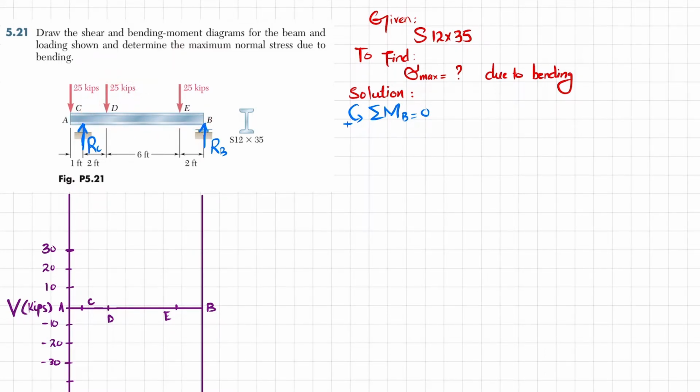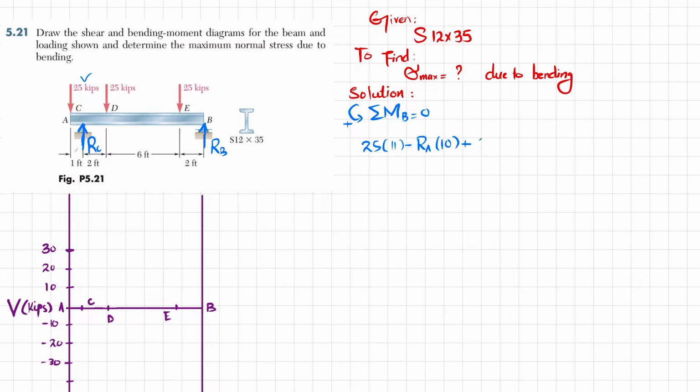So we will write them. The total length of the beam is 11, so first we will write 25 into 11 feet. This will produce counterclockwise moment, so it will be positive. The other one is RC, into perpendicular distance 10, which is 11 minus 1. It is producing clockwise moment, so it will be negative.